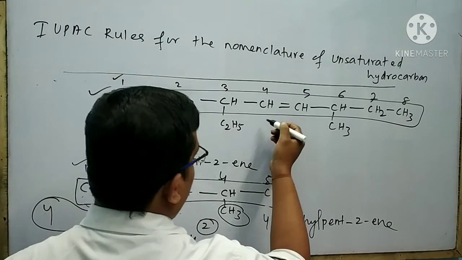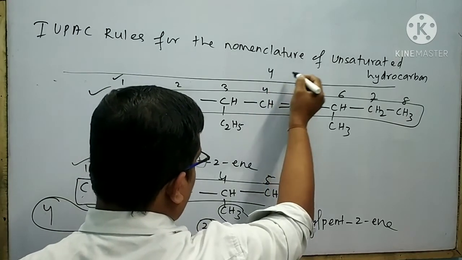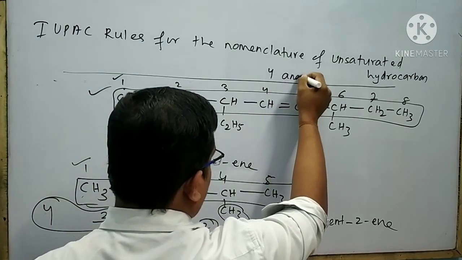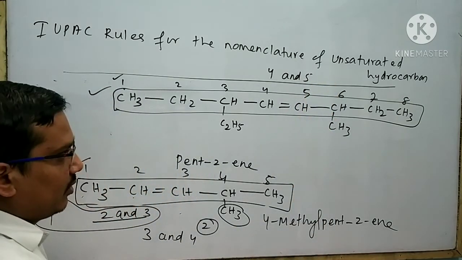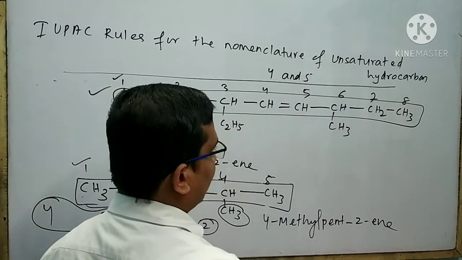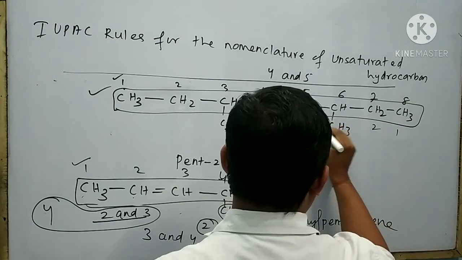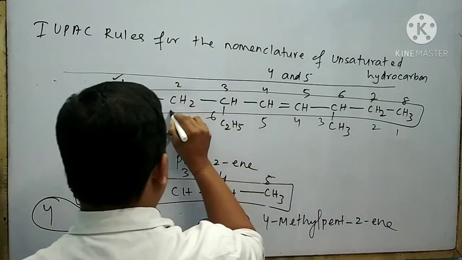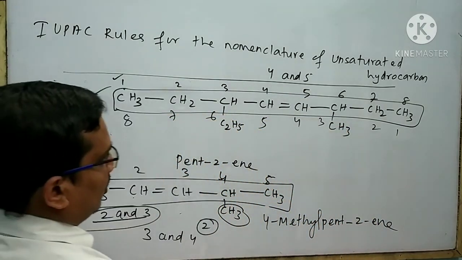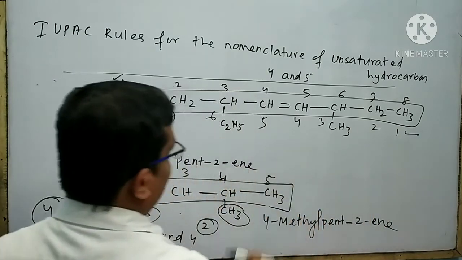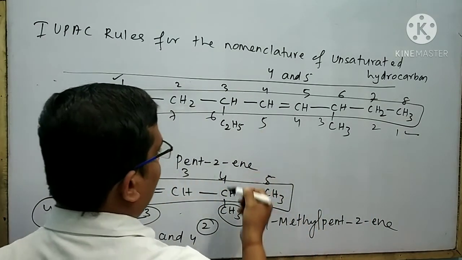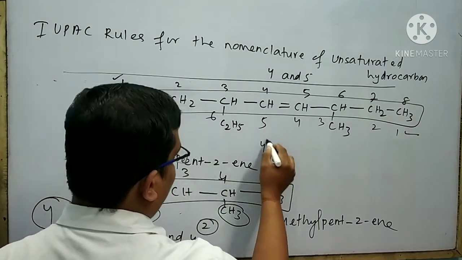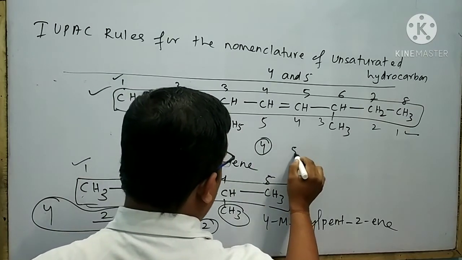Here the double bond is present in between 4th number carbon and 5th number carbon atom. If I start the numbering from the other end: 1, 2, 3, 4, 5, 6, 7, 8, here also the double bond is present in between the 4th number carbon atom and 5th number carbon atom.